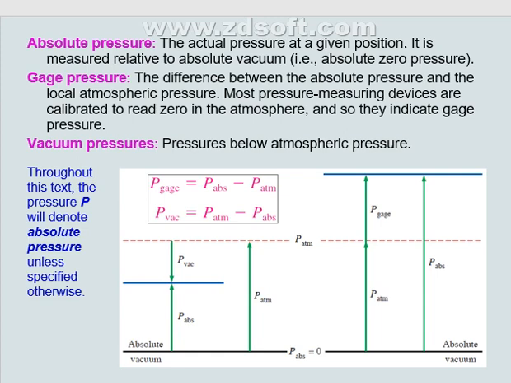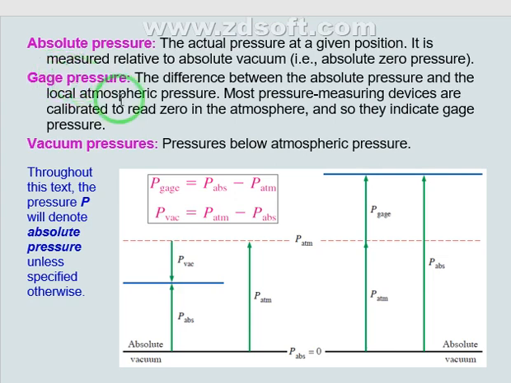We have three concepts to describe pressure: absolute pressure, gauge pressure, and vacuum pressure. We need to understand these three concepts. Please look at these figures here; they will help you to understand. In few words, absolute pressure is the actual, real pressure.